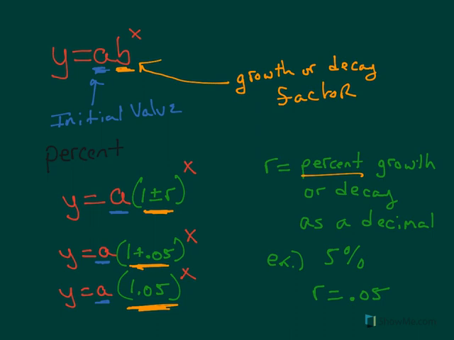And just one more common form you might see, especially when you're dealing with finance a lot, is kind of the same model. They just have different variables to represent certain things when you're dealing with interest and compound interest. So if we still look at the basic general form, y equals a, the start value, b, the growth factor, to the x.